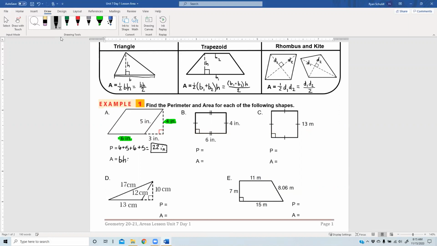Base times height. That's going to be 6 times 4, which is 24. Now on area, it's square units. So this will be inches squared. Make sure you put your units, please.